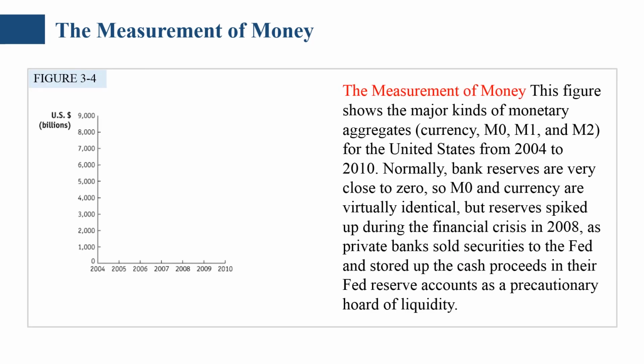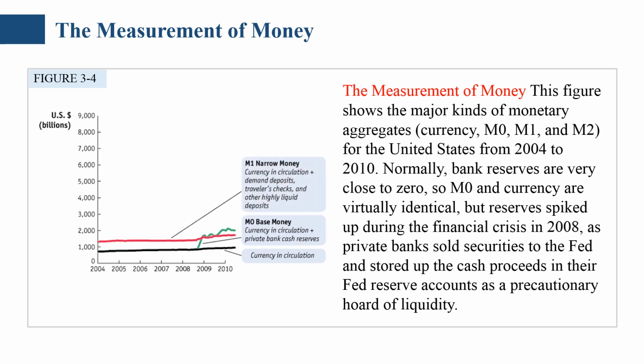What counts as money? Clearly, currency in circulation is money. M0 is typically the narrowest definition of money, and it includes both currency in circulation and the reserves of commercial banks.